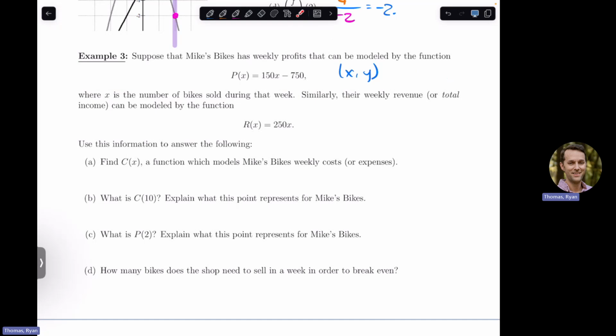When we say how much you made, we mean how much you made after expenses. What do we call those expenses? What do we call how much you made before you worried about taking out expenses? Revenue.